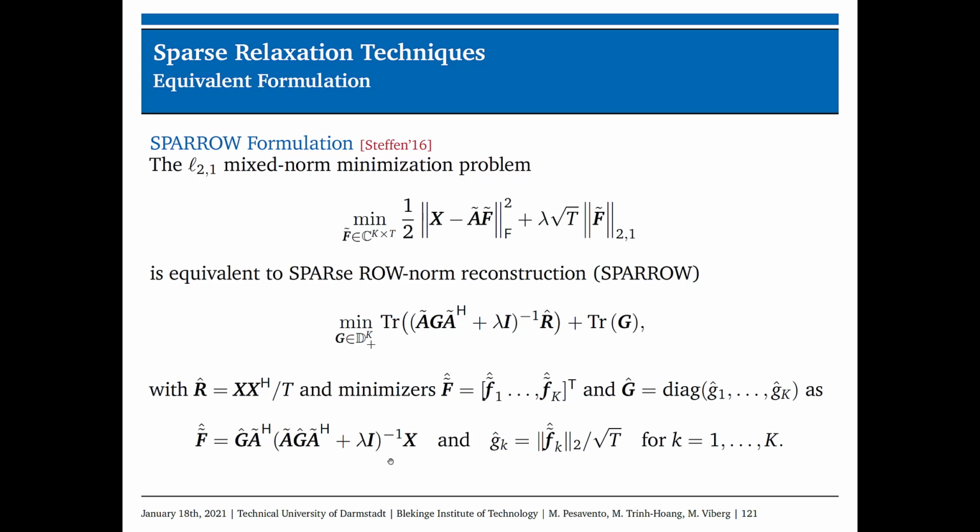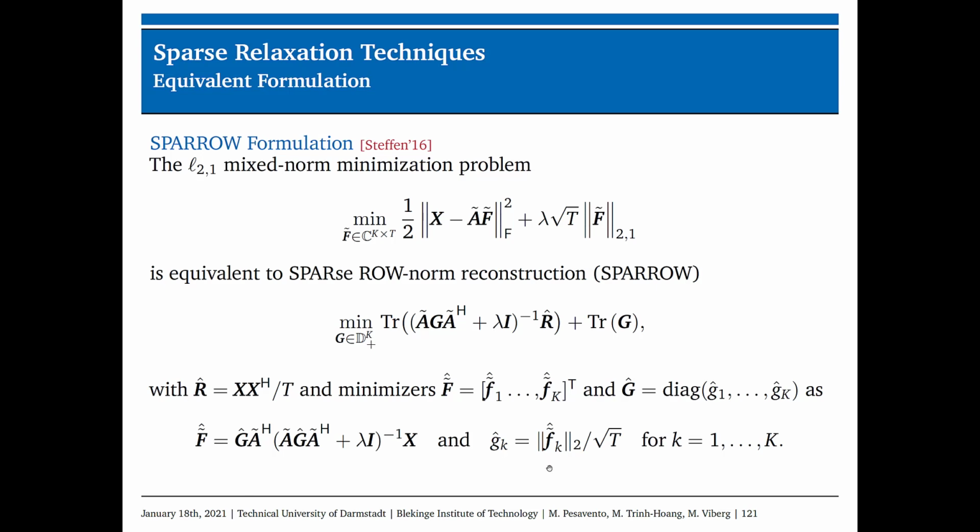And reversely, the values of the optimal solution on the main diagonal of G are simply the row norms of the solution matrix F for the original problem.